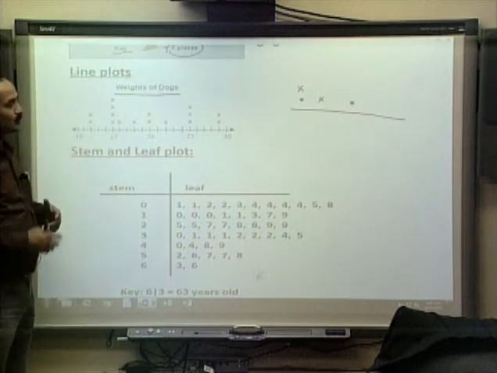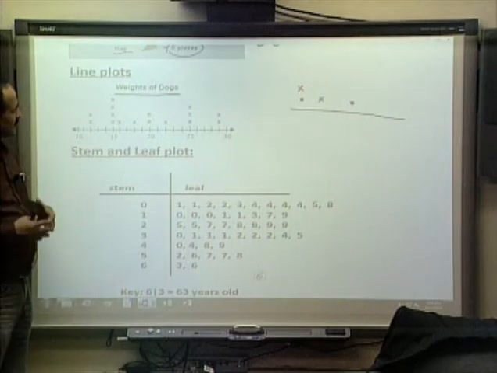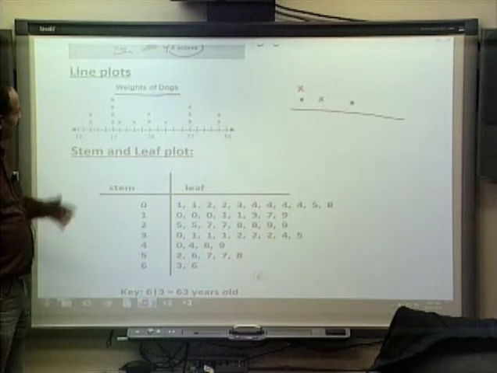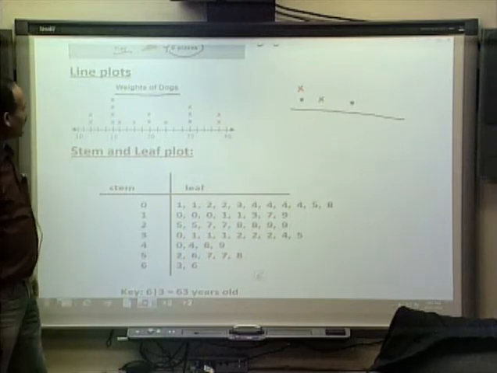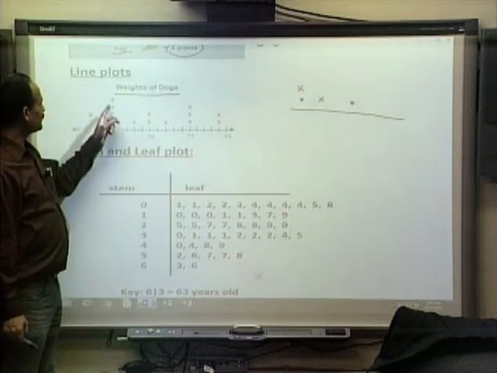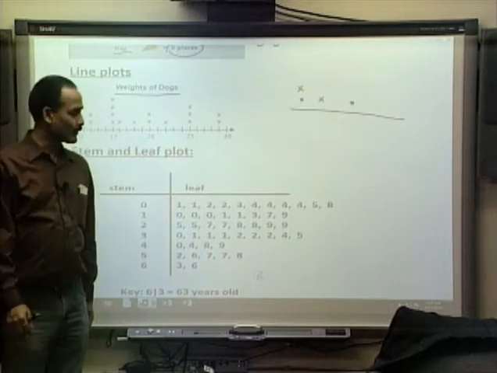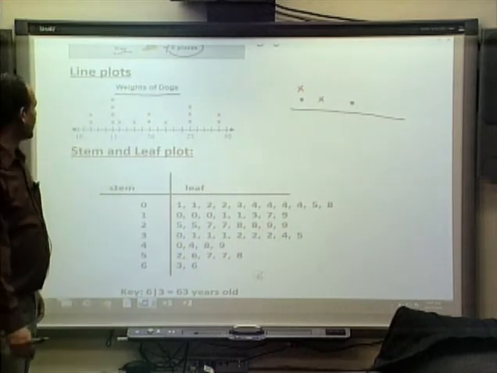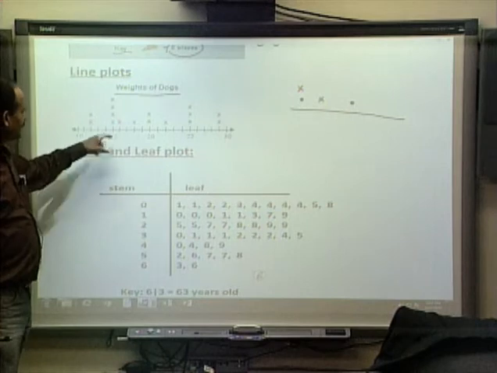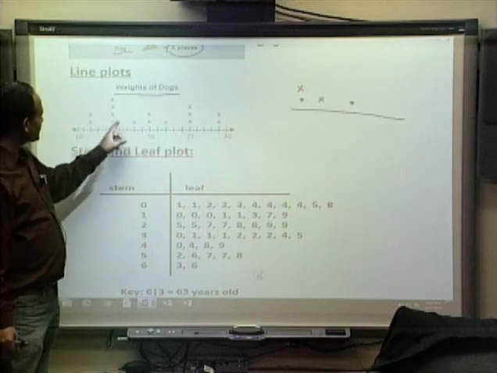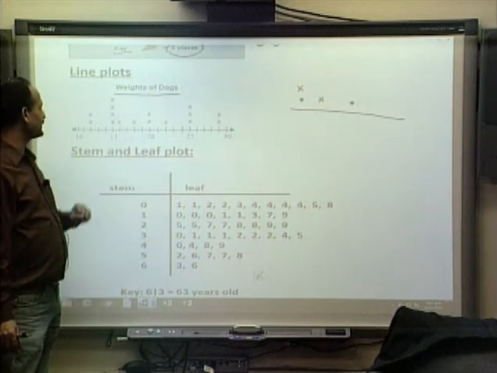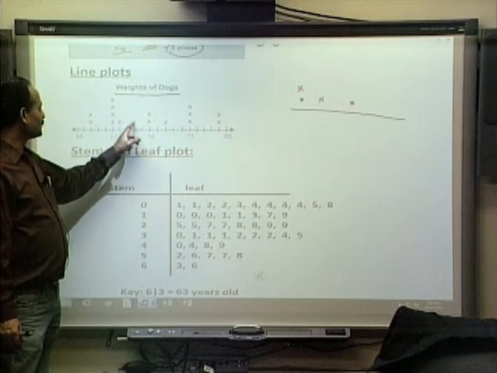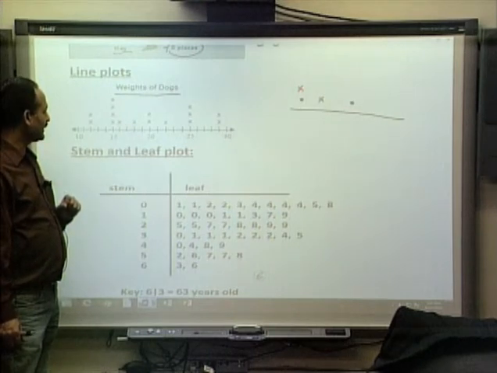that tells me there are two dogs whose weight is 12, this should be in kg, so 12 kilograms, and there are 1, 2, 3, 4, there are 4 dogs whose weight is 15 kilograms. There is one single dog whose weight is 16 kilograms. There is one dog whose weight is 18 kilograms.